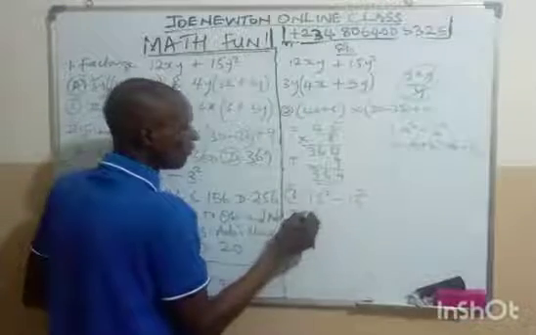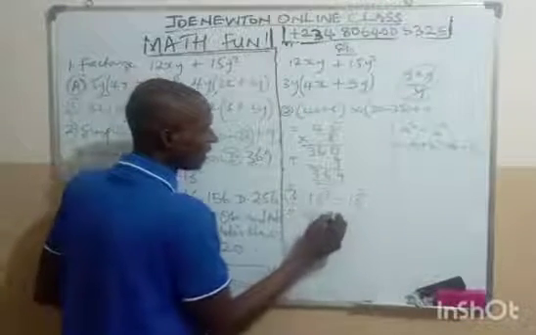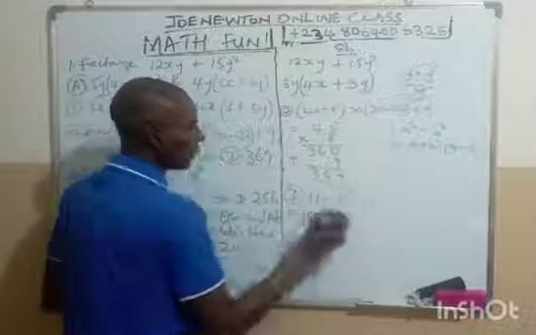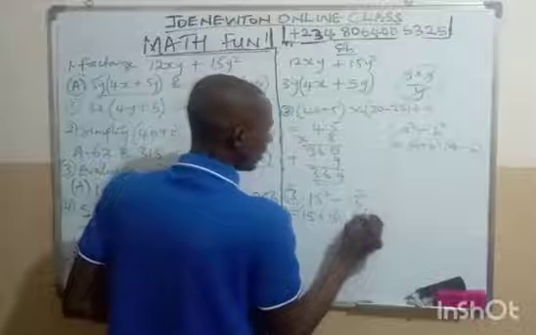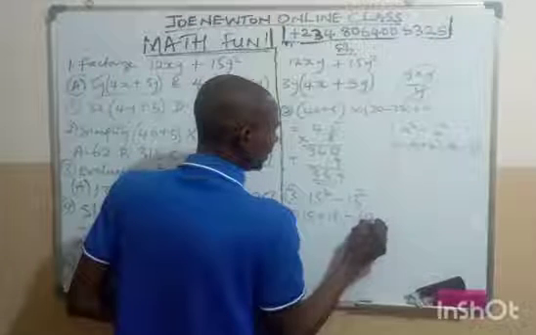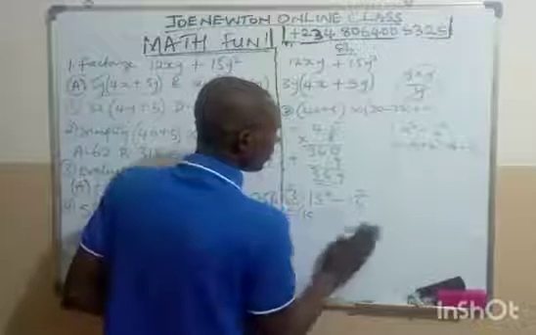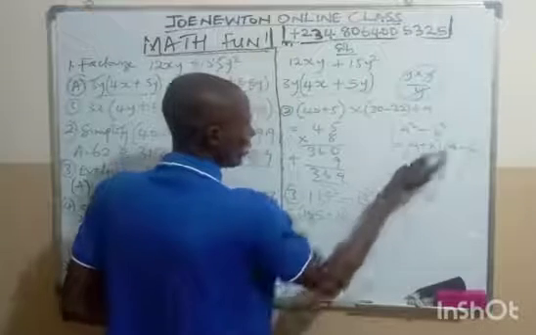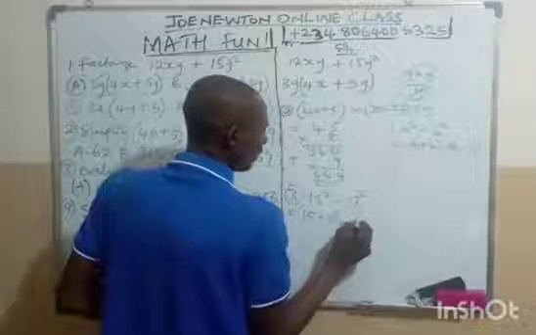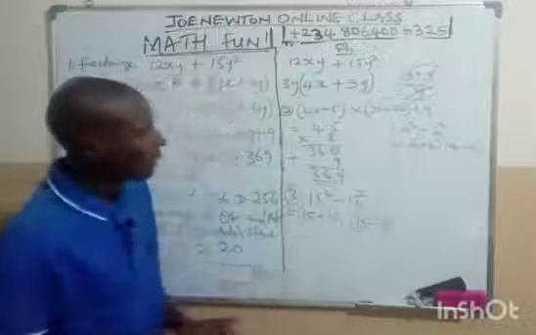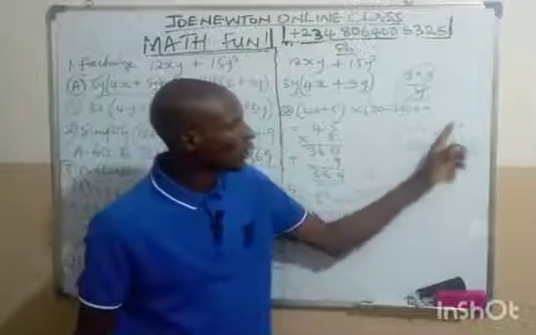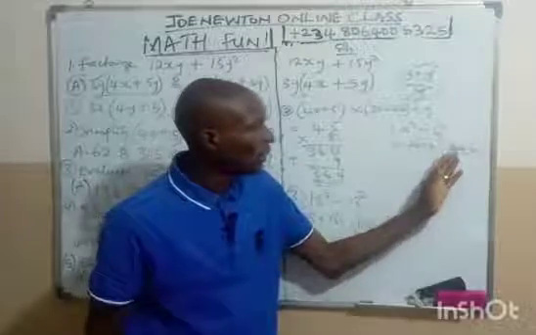This becomes 15 plus 13 into 15 minus 13. So see what we did now. a squared minus b squared is a plus b into a minus b.